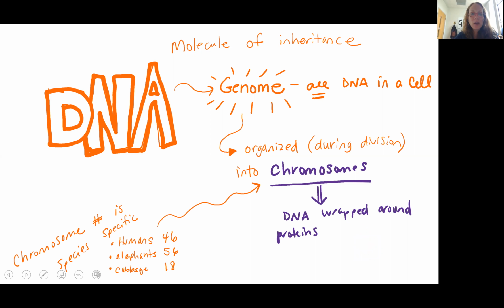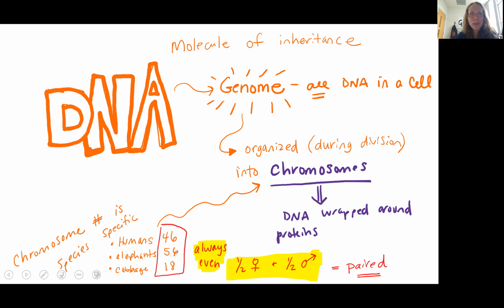Now, when we talk about chromosome number, we'll see that that number is species specific. So there is a lot of variation here. Humans have 46 total chromosomes in our cells. Elephants have 56. And cabbage has just 18. One of the things that we will see as a common theme is that these numbers are always going to be even numbers.